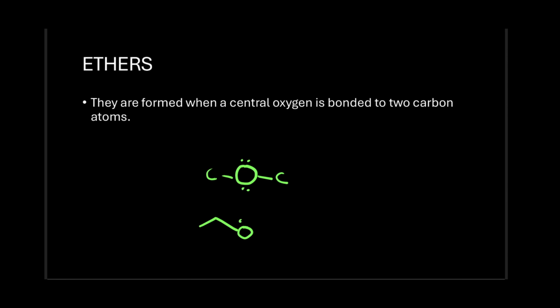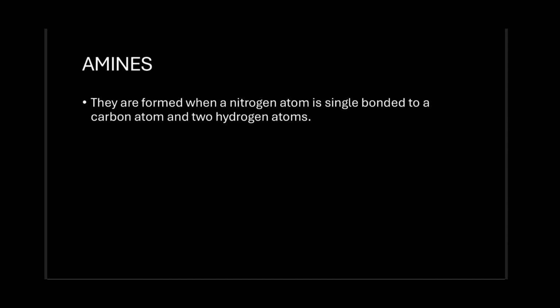We have a central oxygen atom being bonded to two carbon atoms. So over here we have one carbon atom here, another here. So we can see this central oxygen atom being bonded to these two carbon atoms, making this an ether. Let's move on to the next functional group.